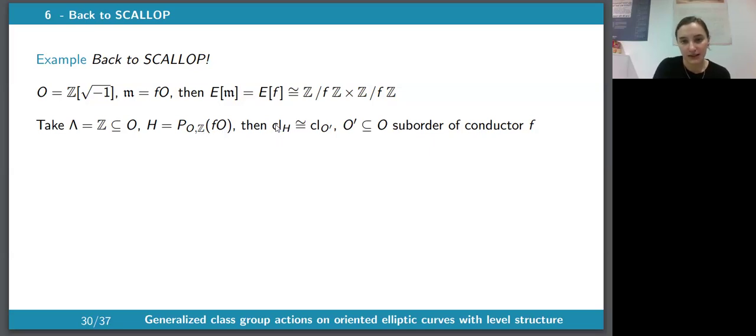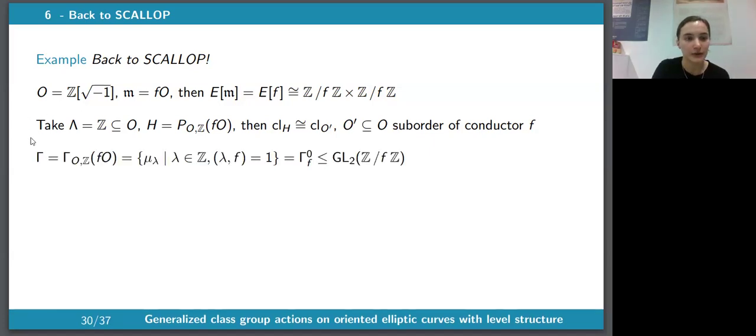And the corresponding generalized class group is the class group of the suborder O' of conductor f in the order O, which is Z adjoin the square root of -1. Now, the corresponding gamma level structure is then multiplications by integers lambda coprime to the conductor f, which indeed, as we discovered in one of the first slides, is gamma_0(f).